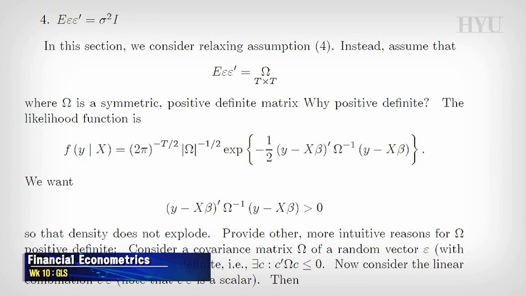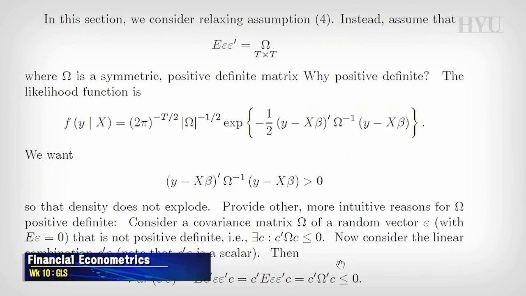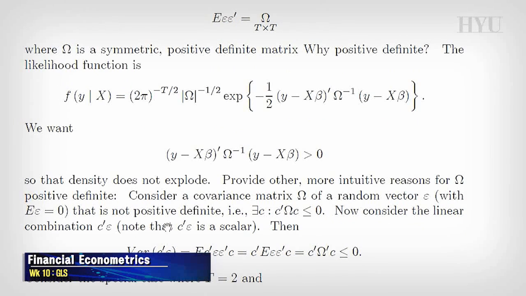Actually, for a more intuitive reason for omega being positive semi-definite, consider a covariance matrix omega over a random vector epsilon with mean of epsilon 0 that is not positive semi-definite, if there is some constant C such that C' omega C is less than or equal to 0. Now consider the linear combination C' epsilon.